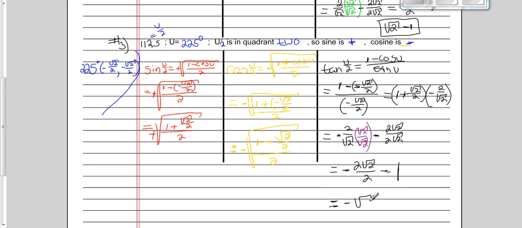So negative square root of 2 minus 1. So that is my answer for number 3. So if there's more questions, please bring those up in class. Otherwise, you need to be doing 5 through 9 on a separate piece of paper after you've completed number 4 on your packet.